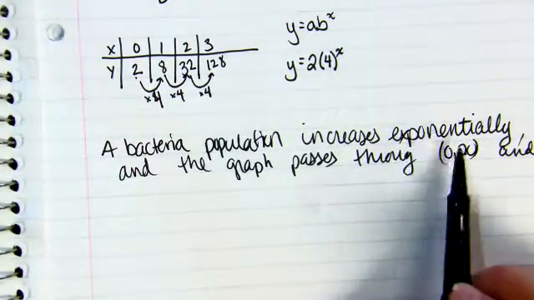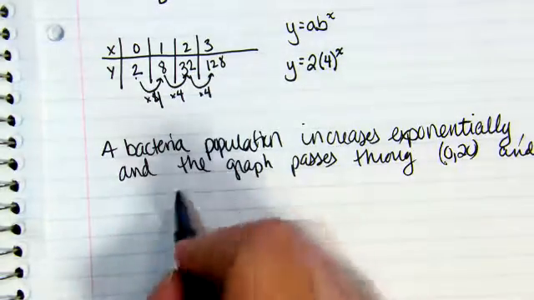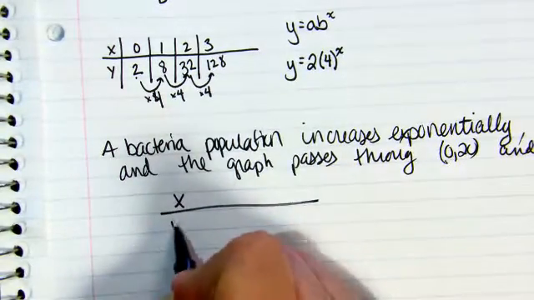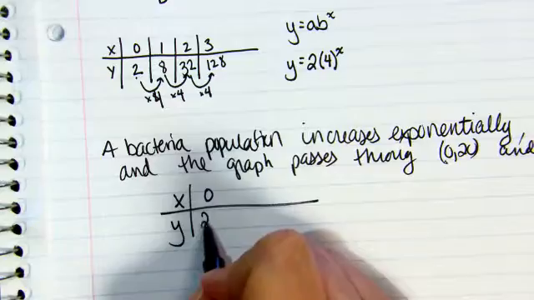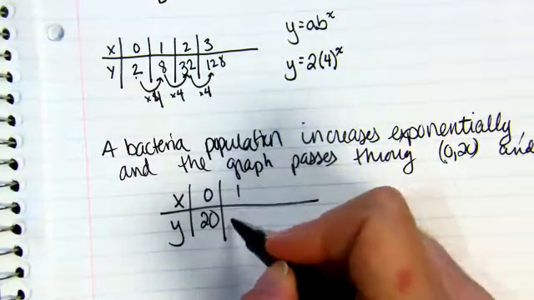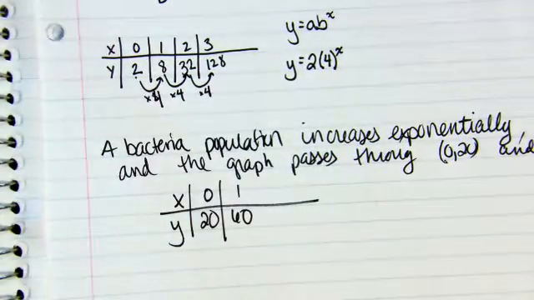So we know it's exponential, it goes through (0, 20) and (1, 160). So if I make a quick table, I know (0, 20) is a point on there, and 160 is a point on there.